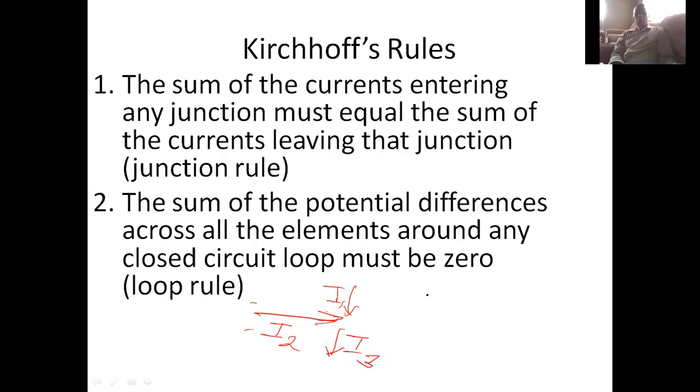According to the first rule, current 1 plus current 2, which are entering the junction, should be equal to current 3 leaving the junction.